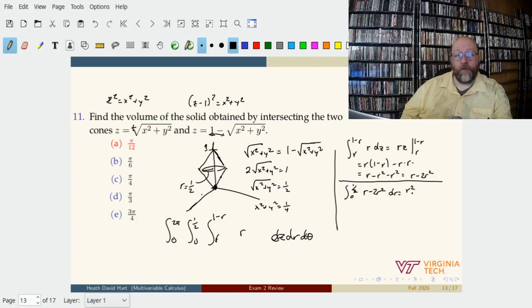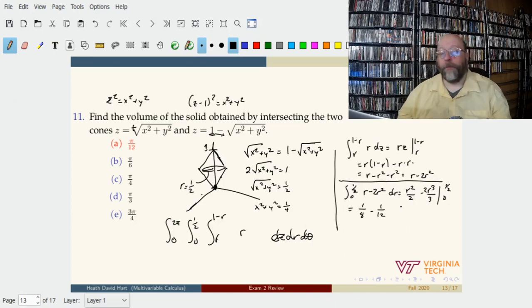So that's r squared over 2 minus 2r cubed over 3. Plug in 1/2 and 0. 1/2 squared is 1/4, over 2 is 1/8. 1/2 cubed is 1/8, times 2/3 is 1/12.